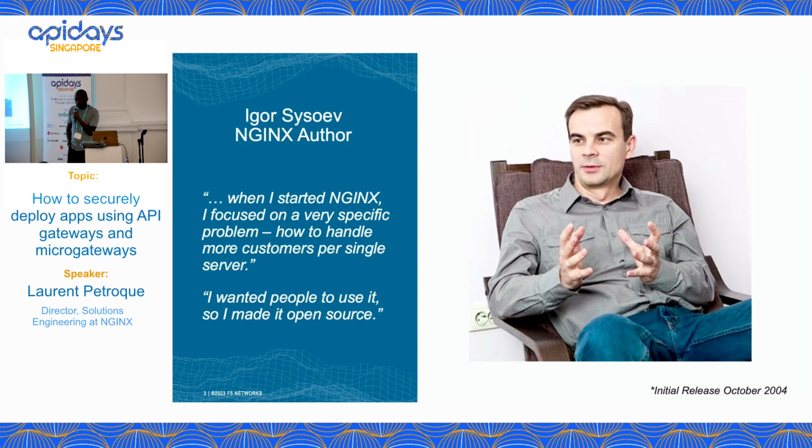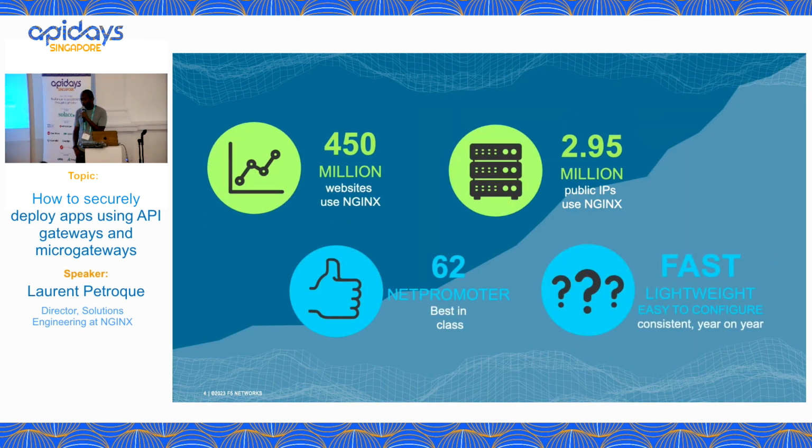When he created that technology, he found out that it was working, but he wanted to make it available to everyone. And he released it as an open source project in 2004. Since then, that technology has been used widely in most of the websites that you're running today. And I was mentioning the developers.